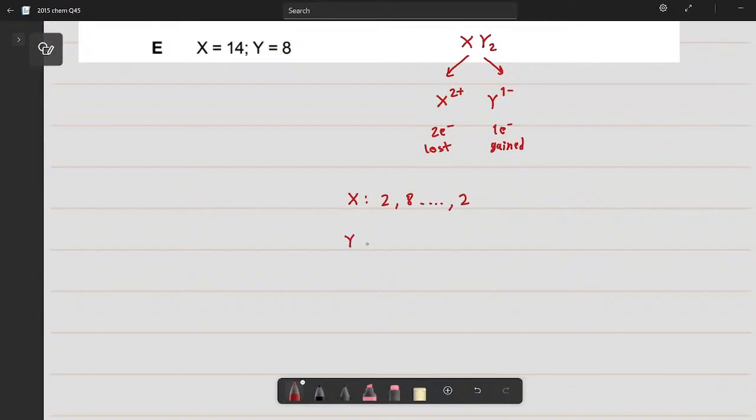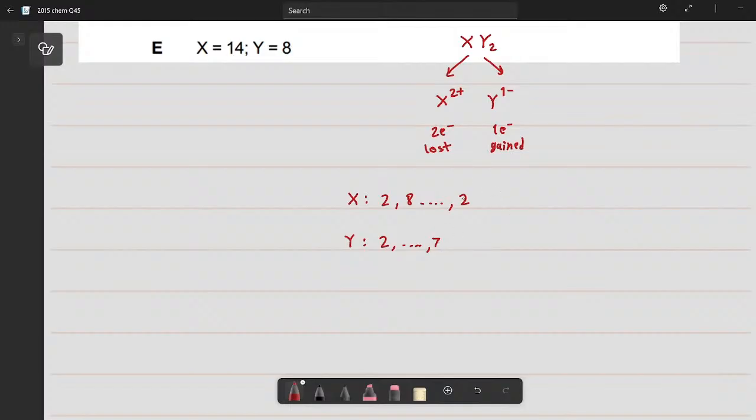And for Y, the innermost will be 2, then it could be anything, and the last must be 7. Why? Because it will gain 1 electron to form 8 in the outermost shell, completing its octet because it has 7 at the end.